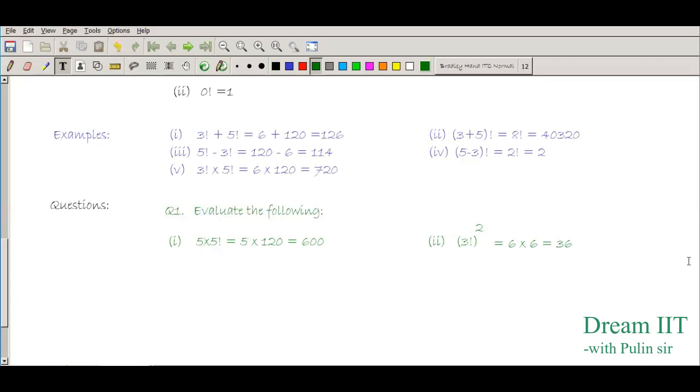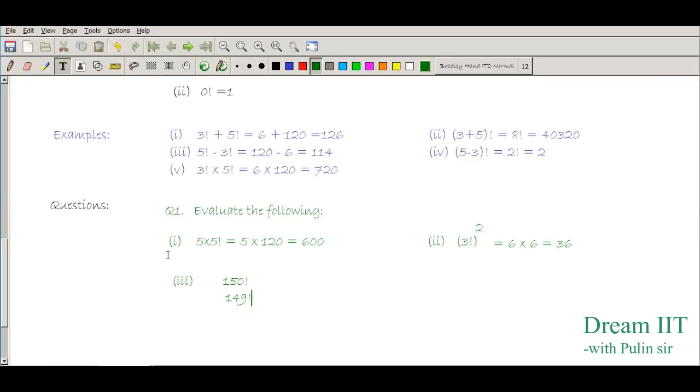Next you come to this question. Suppose someone is asking you to divide 150 factorial by 149 factorial.